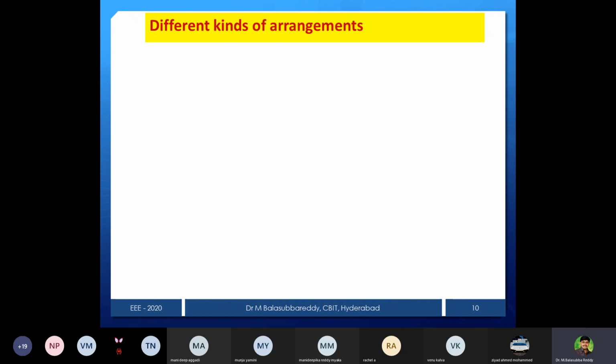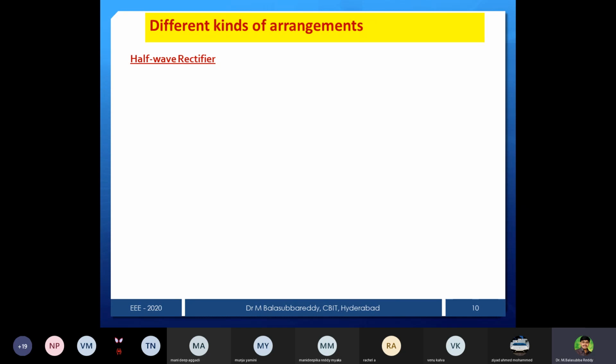And you can see different kinds of arrangements. One is the half wave rectifier. Normally we are using a 6 pulse converter or 3 pulse bridge rectifiers in HVDC transmission.